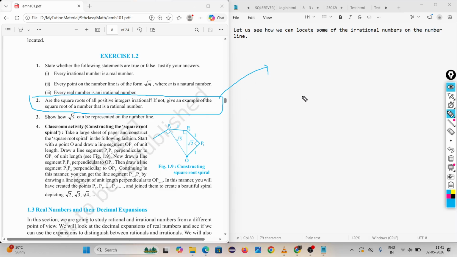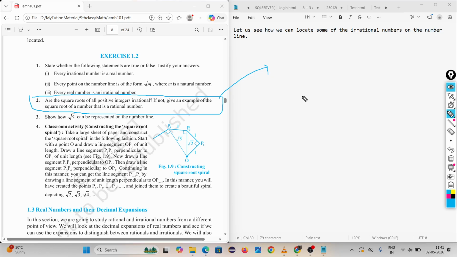Read the question number 2. Are the square roots of all positive integers irrational? If not, give an example of the square root of a number that is a rational number. It is such an easy question. Read the question 2 times.